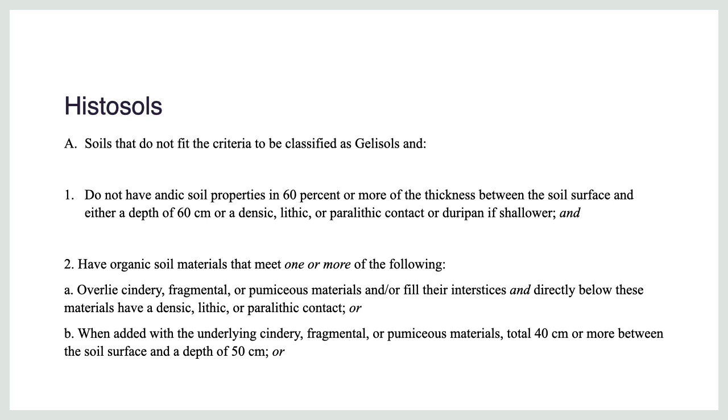Okay, so I need to consider a specific thickness, for example, 60 centimeters, or the contact between the soil surface and the densic, lithic, paralithic contact, or even a duripan. And in this specific section, I should register a very low content of indic soil properties.